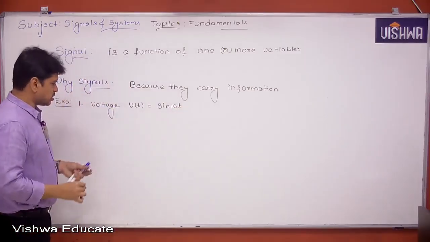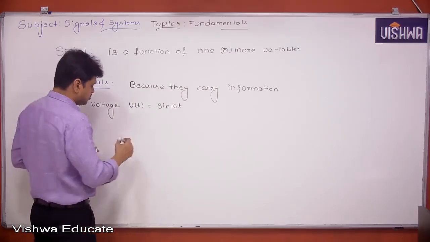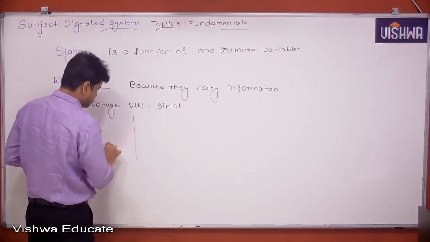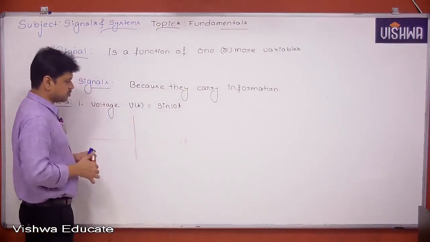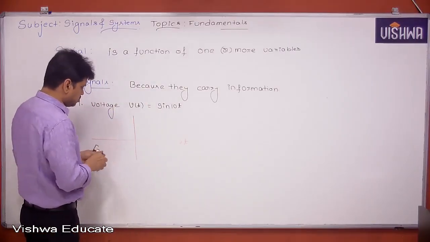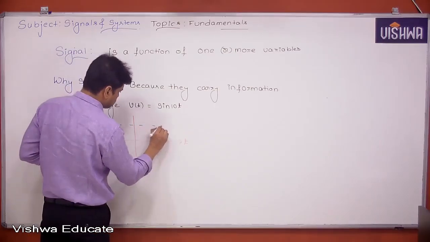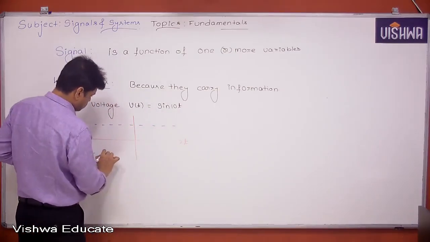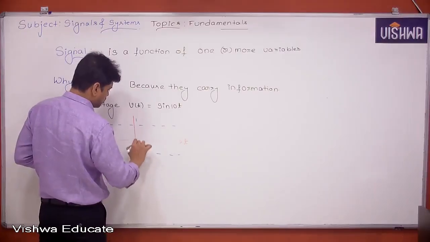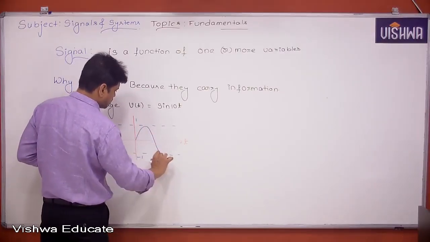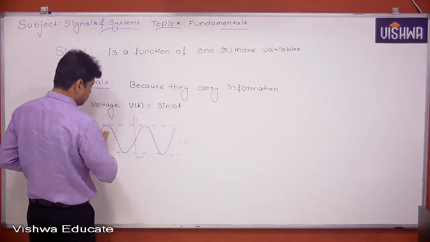How can we draw this? Everybody knows it. Time, one, minus one. This is a sine wave which is varying with respect to time.